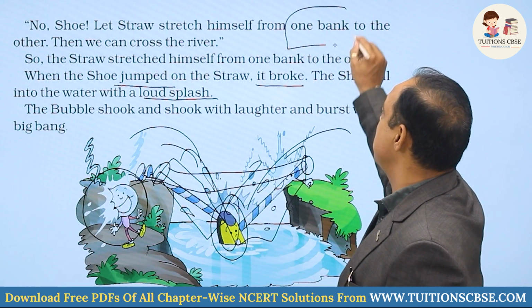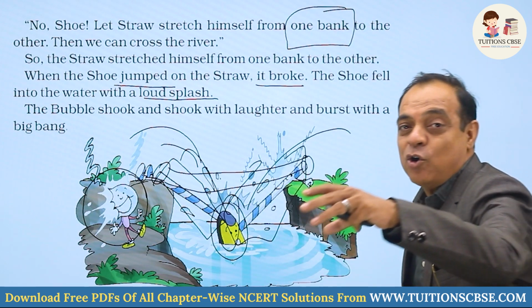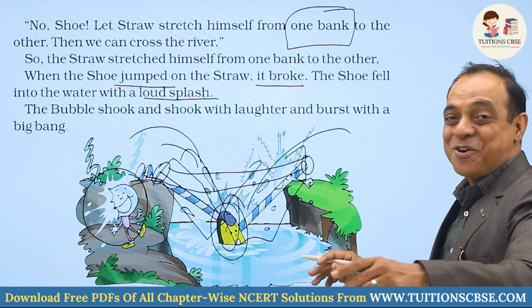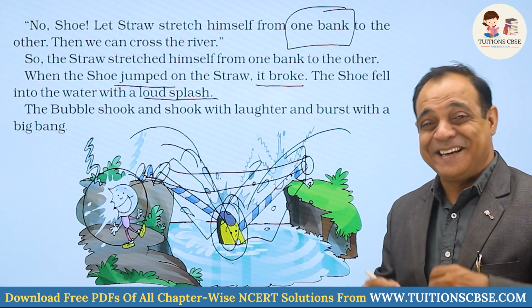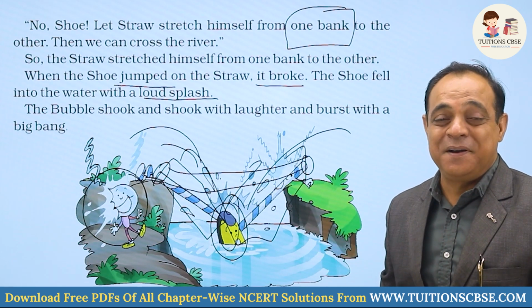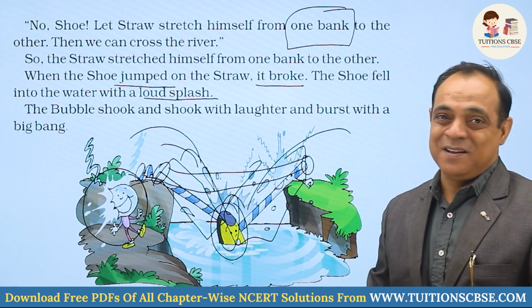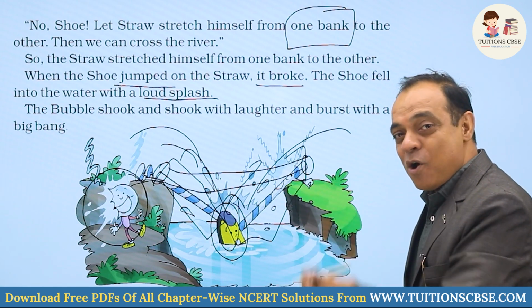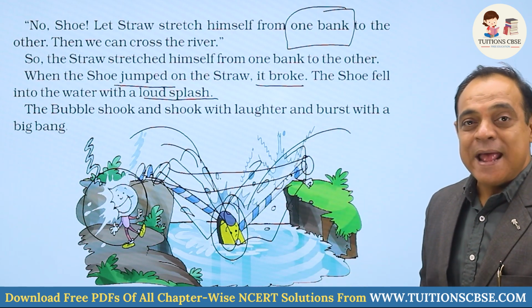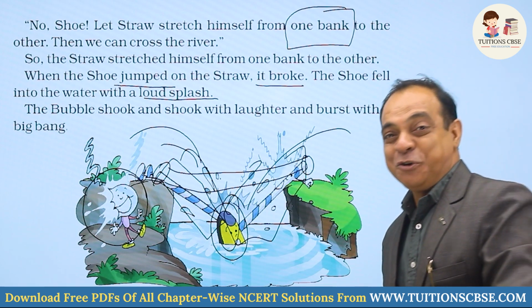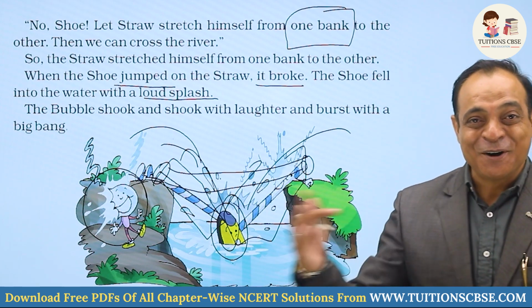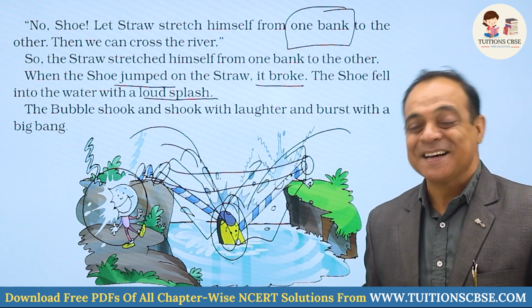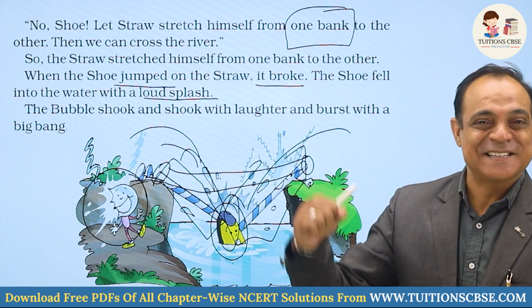What do you mean by one bank? One corner of the river to another corner. But unfortunately, sadly, what happened? The straw broke. The shoe fell in the water, the water splashed, and the bubble shook here, shook there, and burst. Right? Quite a funny and interesting story.